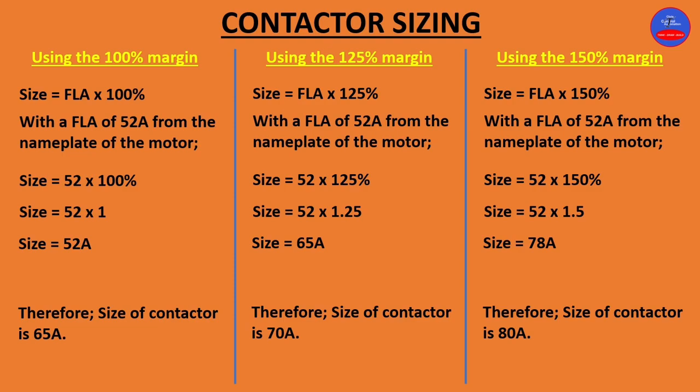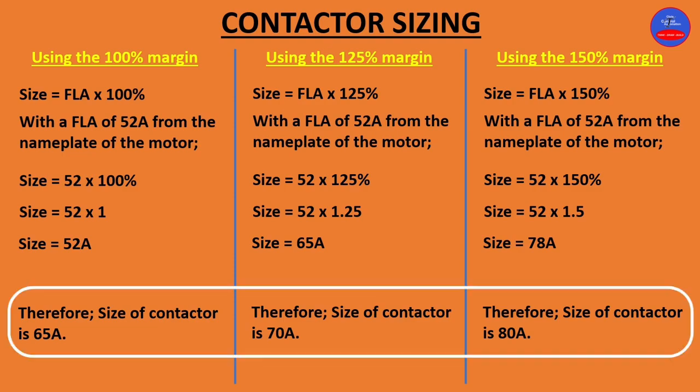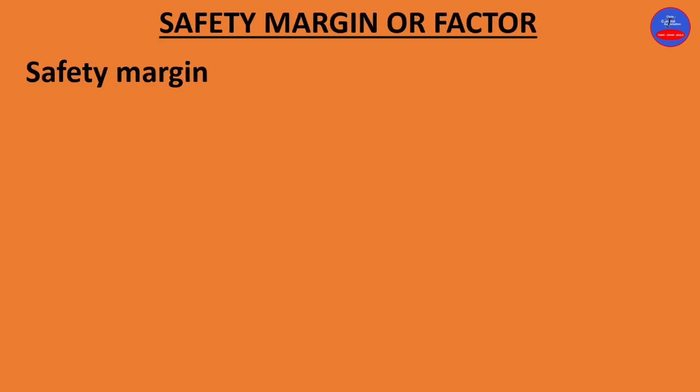So now when we are to purchase these contactors, okay, you can use 65 or 70 amps or the 80 amps. Okay, all right. So now we are looking at the safety margin or factor.